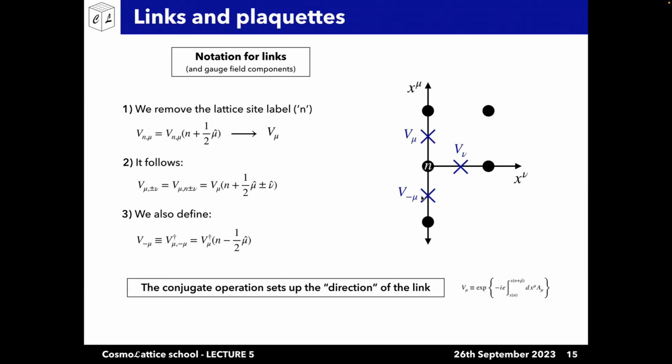So for example, this link is going to go in the positive direction. This link is going to go in the positive direction. And this link is going to go in the negative direction because it's defined as the conjugate of the link. So B of mu goes in this direction, B of mu goes in this direction, B of minus mu goes in the opposite direction.